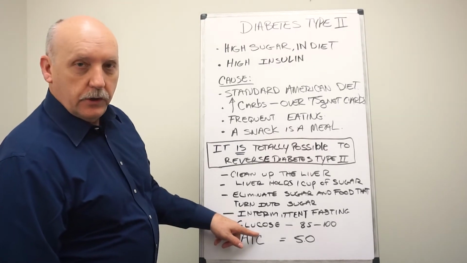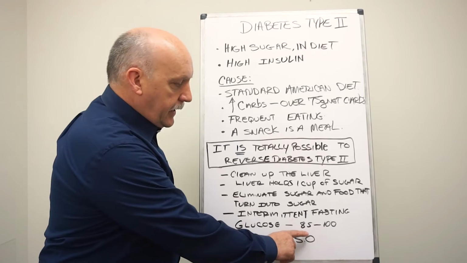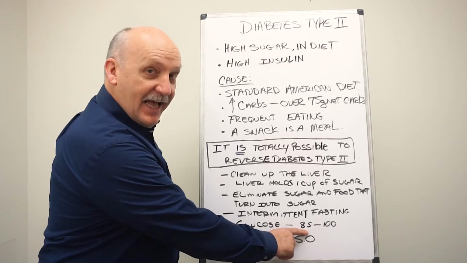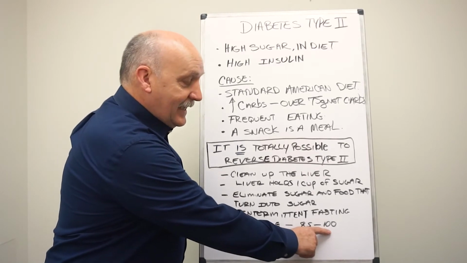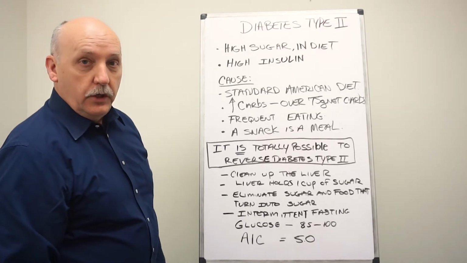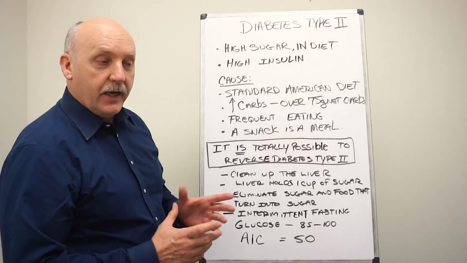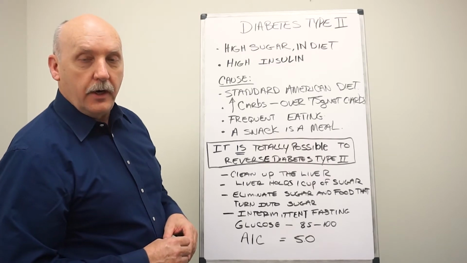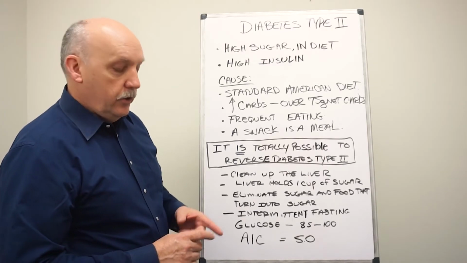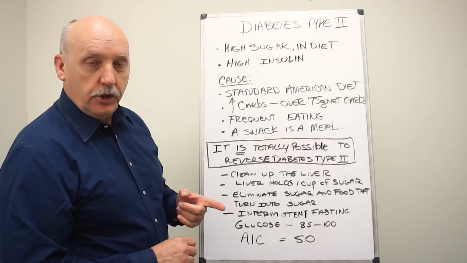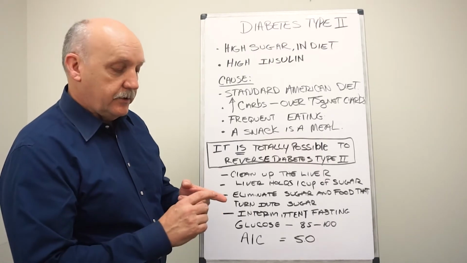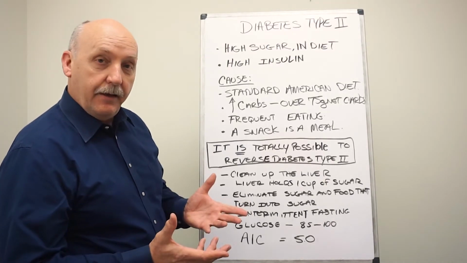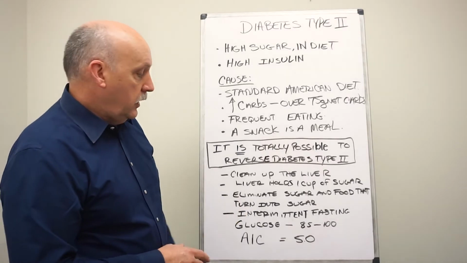Your glucose, your blood sugar, should ideally be at 85, but it needs to be under 100. You can go get a glucose monitor. I recommend everybody have one of those. You can buy it at any drugstore, and you check your glucose, your sugar, first thing in the morning. Of course, that's through the blood, just like a diabetic would do.